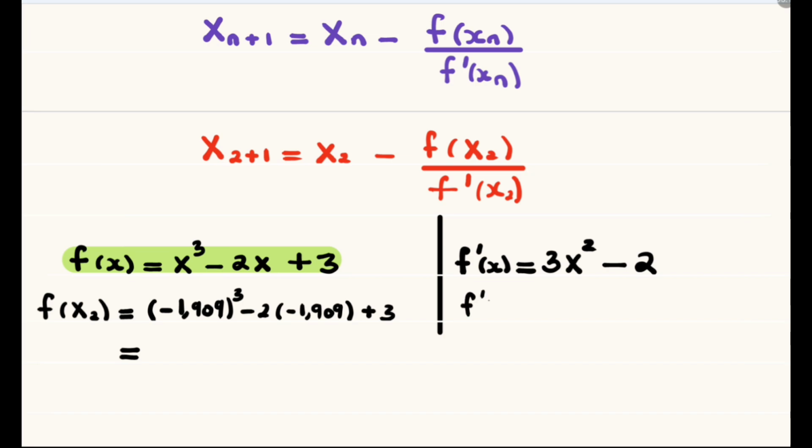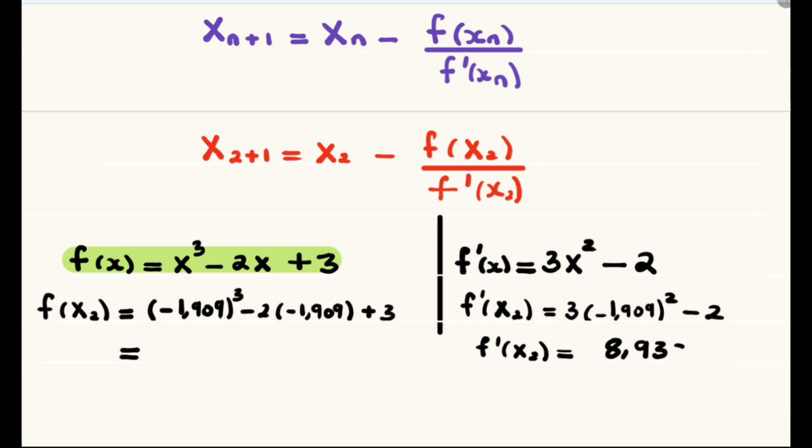We have f prime of x2 equal 3 multiplied by negative 1,909 raised to the power 2 minus 2, and our f prime of x2 will be equal 8,933, and our f of x2 will be equal a negative 0,139.